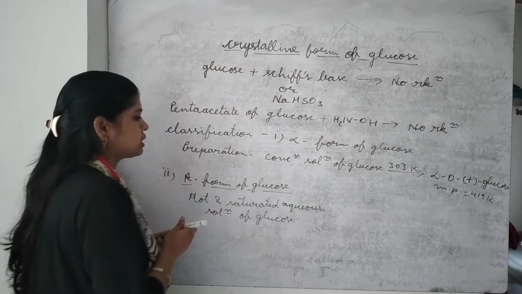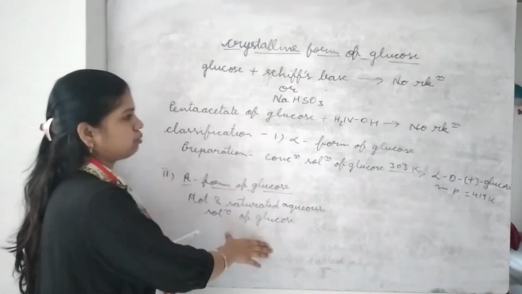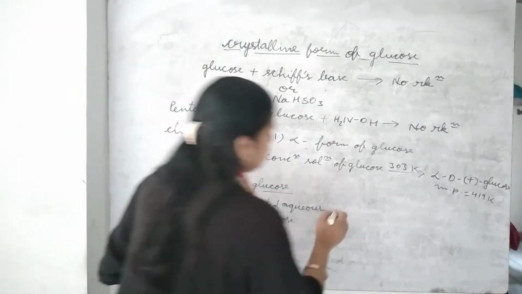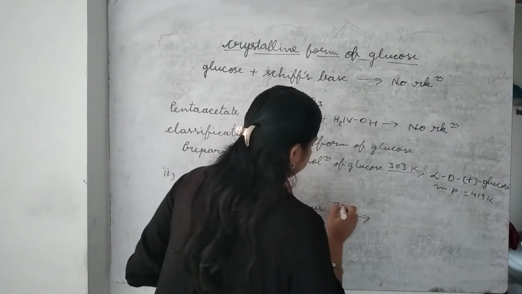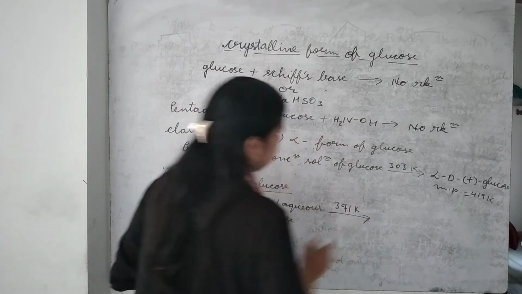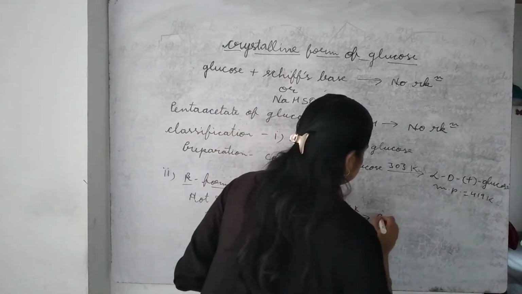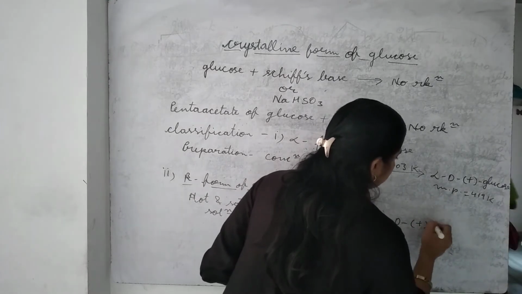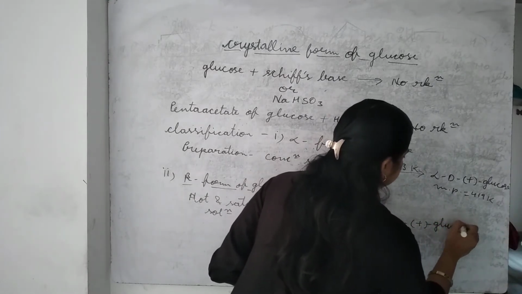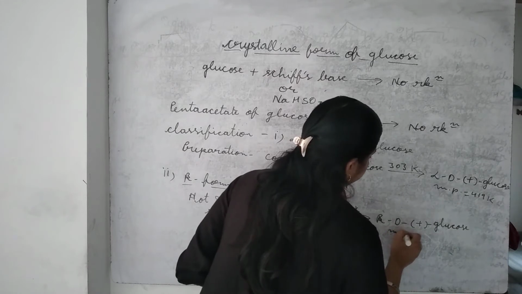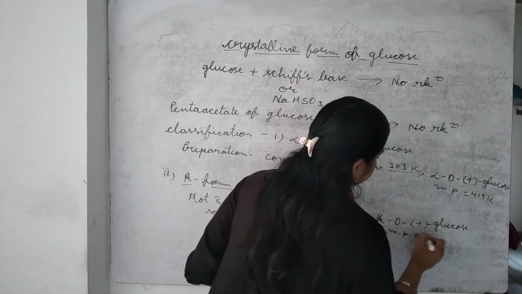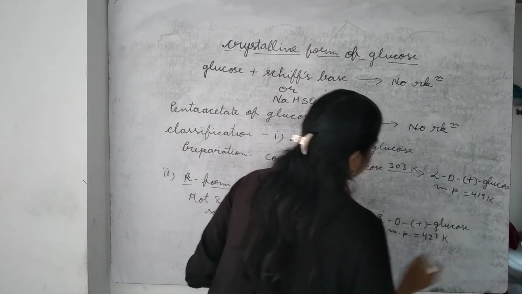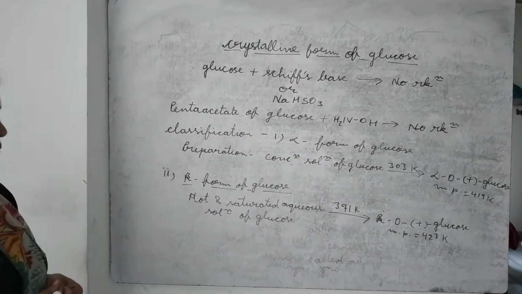We heat this hot and saturated aqueous solution of glucose at 371 Kelvin. Through this we get beta D plus glucose. Its melting point is approximately 423 Kelvin.